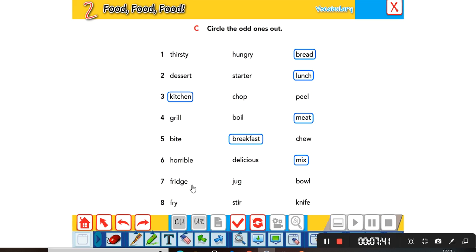So which one is the odd one here? I think it's fridge. Number 8, fry, stir, and knife. Fry means to cook food in the oil. Stir means to move the food or to mix the ingredients together. And knife is the tool that you use for cutting. So which one is the odd one here? It's knife because it's the only noun, while stir and fry are both verbs.